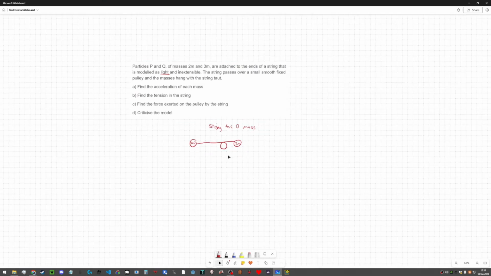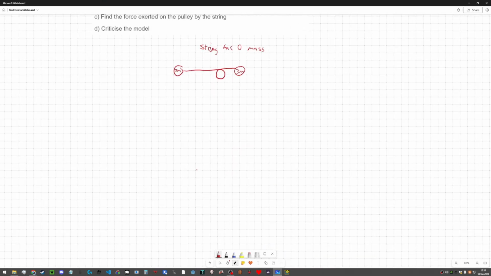Right, so if we imagine these two masses hanging, one sec, let's draw that a bit bigger. So we have a pulley with the 3m mass on the right and the 2m mass on the left.